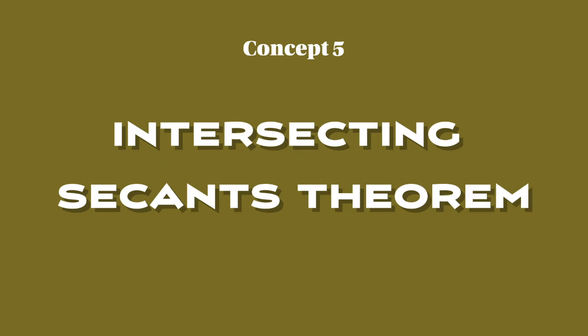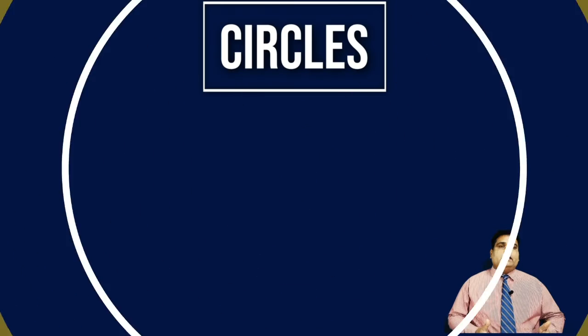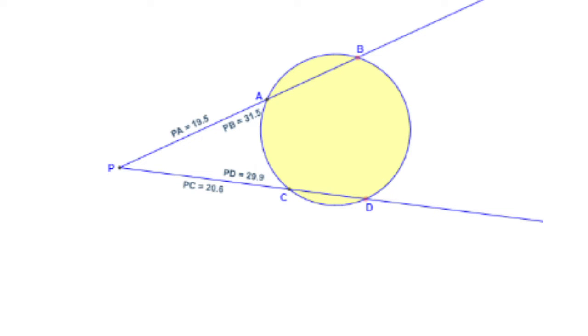Concept 5, intersecting secants theorem. When two secant lines intersect each other outside a circle, the products of their segments are equal from the outside intersecting point.